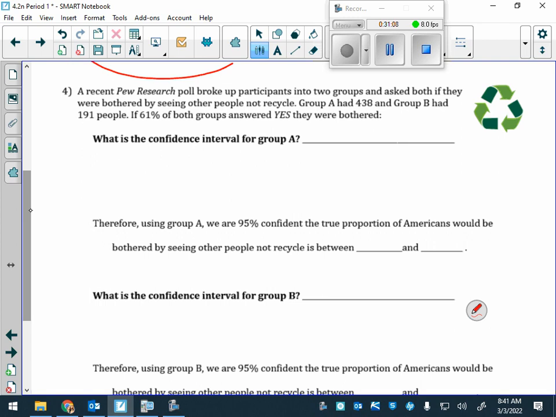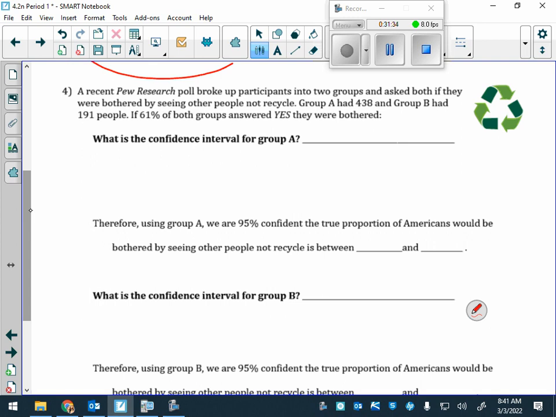If 61% of both groups answered yes, so that means 61% in Group A answered yes and 61% in Group B answered yes. So we know the statistic for both is 61%, right? So now, in order to get to a confidence interval, we have to find what?